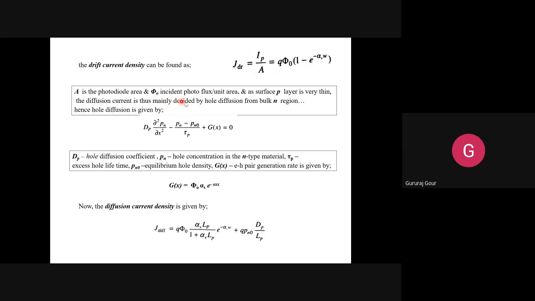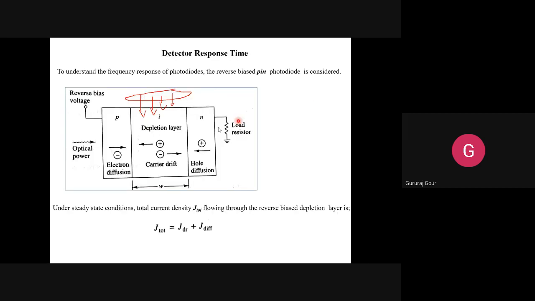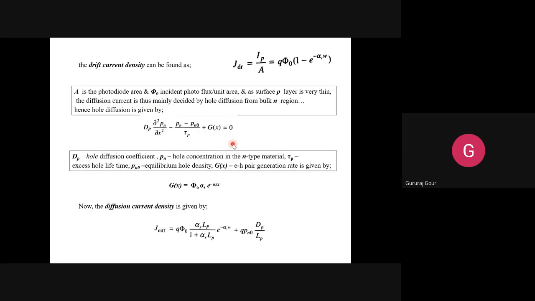Phi naught is the incident photon flux per unit area, and as the surface P layer is very thin, highly conducting. The diffusion current is decided by the hole diffusion from the bulk N region. So this hole diffusion is given by this equation.